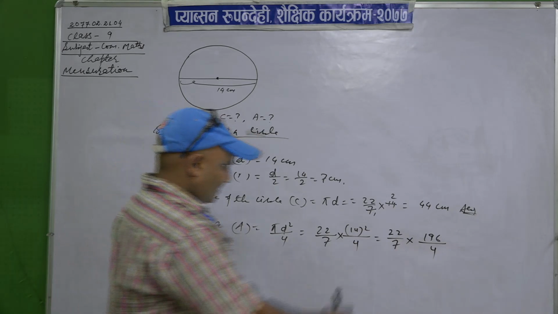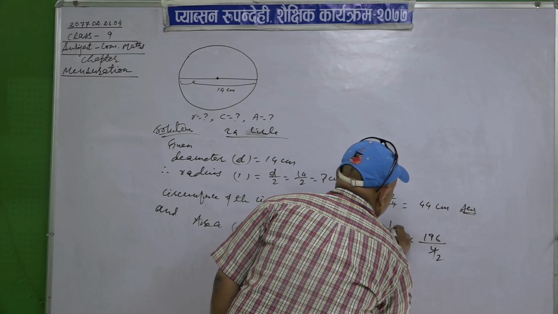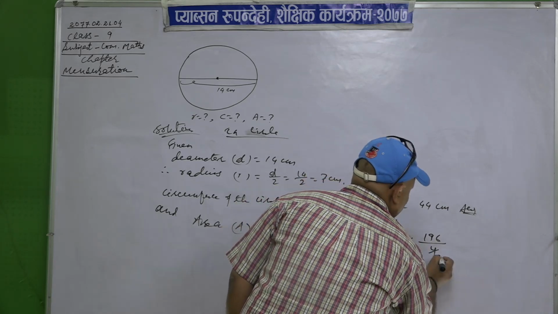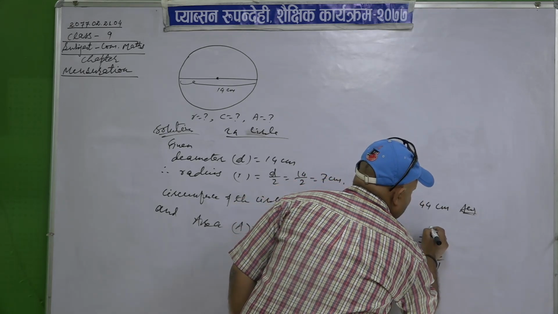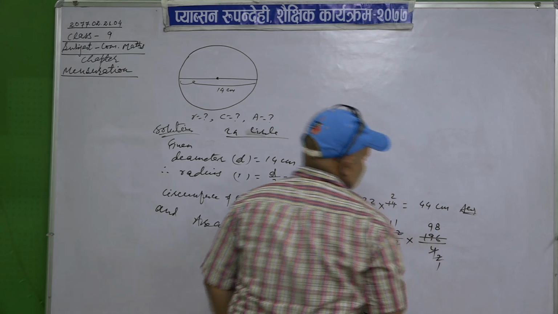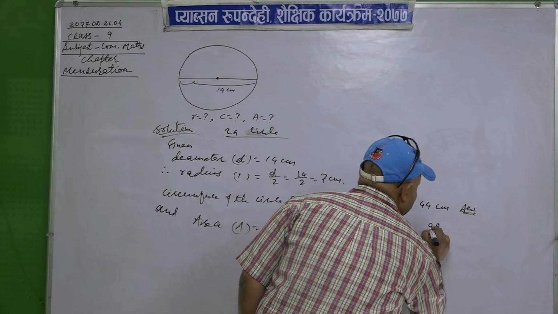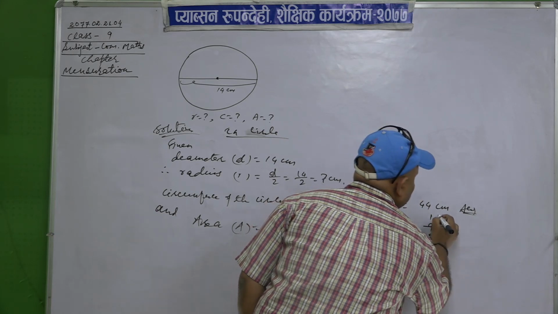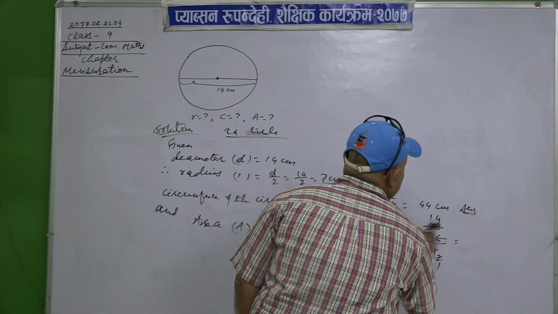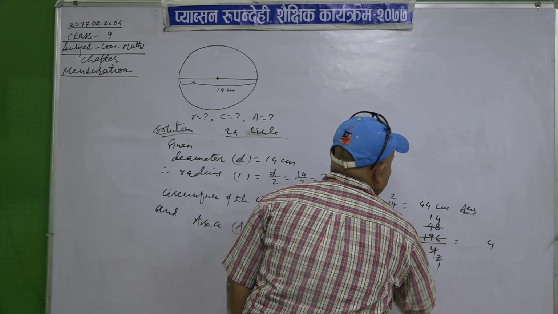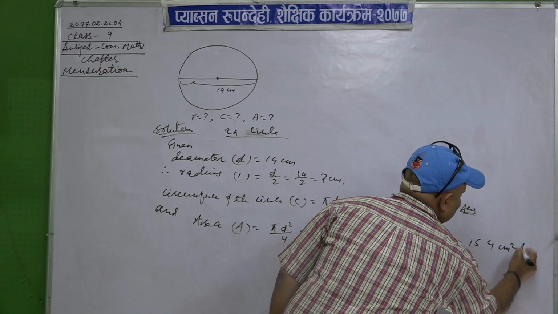And now cancel. 2 2s are 4, 2 1s are 2, 2 1s are 2, and then 2 1s are 2, 2 9s are 18, 2 8s are 16, 7 1s are 7, 7 1s are 7, 7 4s are 28. Now multiply this 11 and 14. 11 4s are 44, 11 1s are 11, and 4, 15, 154 centimeter square.